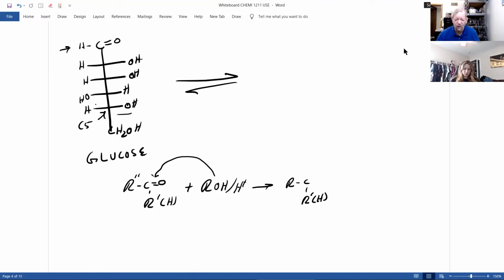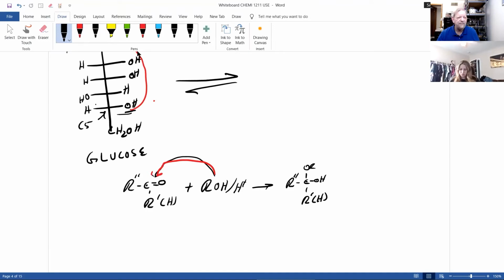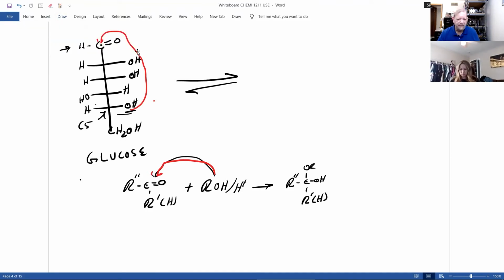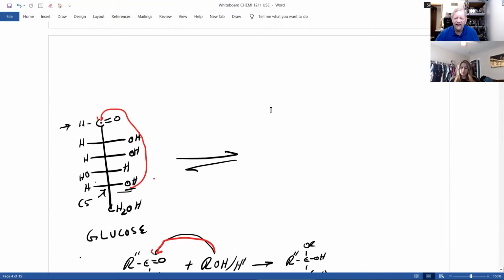What's attached to what was the carbonyl carbon is still attached, and now you have this OR and also a hydroxyl group. Well, here's our carbonyl carbon, here's our alcohol. This attacks like that, this attacks there. And what's not involved in the reaction doesn't change.